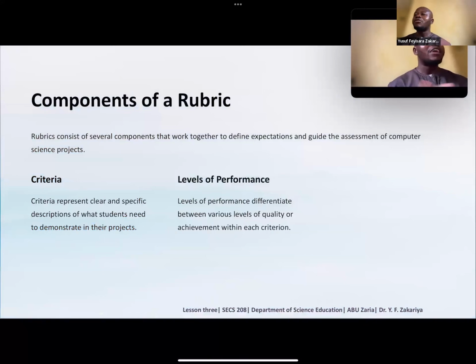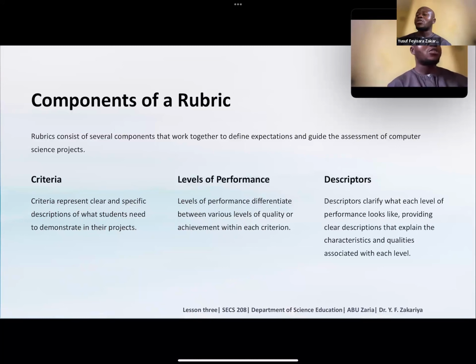Then the next thing is level of performance. How much you do this? By the way, criteria is the first consideration. The second consideration is level of performance, which is actually explaining the criteria. So levels of performance differentiate between various levels of quality or achievement within each criterion.